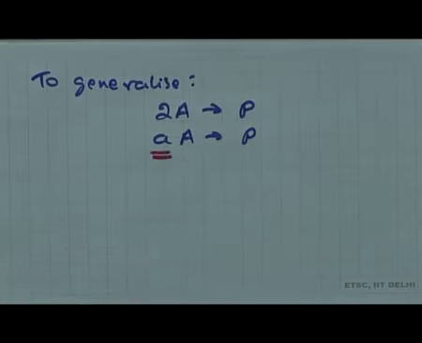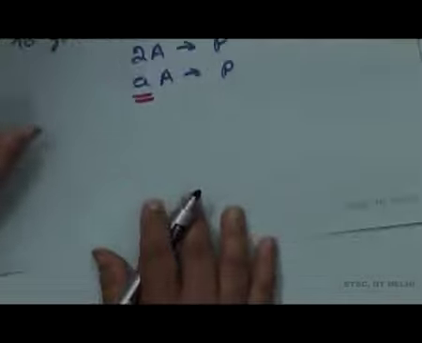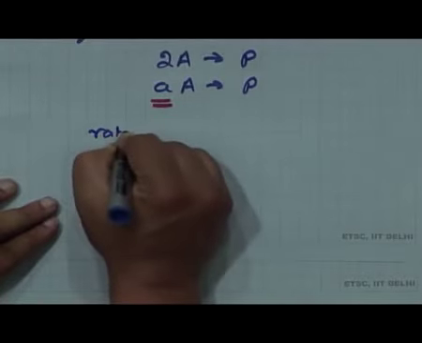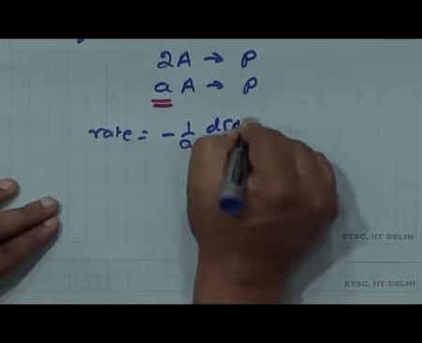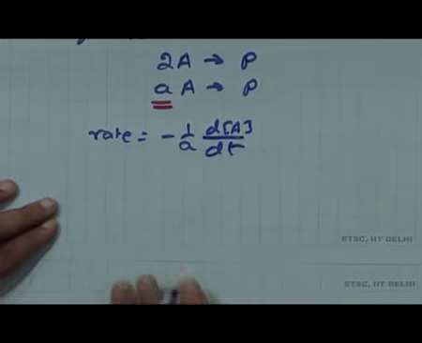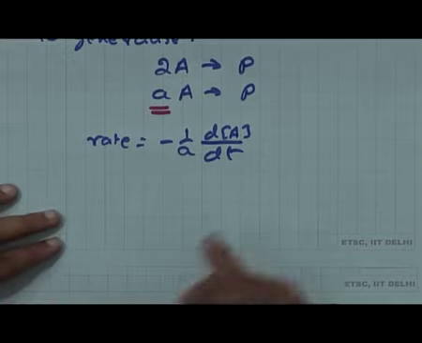So, the moment I have that, I write that the rate is equal to minus 1 by a d of A over d of t.